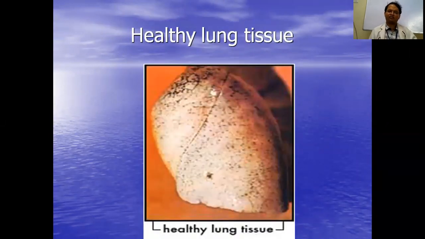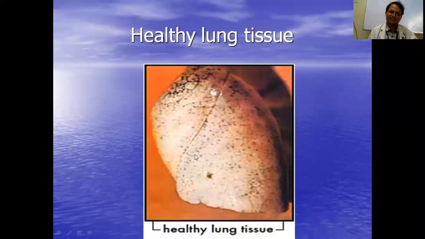Here, this is an autopsy picture of a healthy lung tissue. Here we can find a thin, slender line which is positioned from the posterior aspect of the lung near some intervertebral disc space. It is going laterally and it is ending anteriorly.